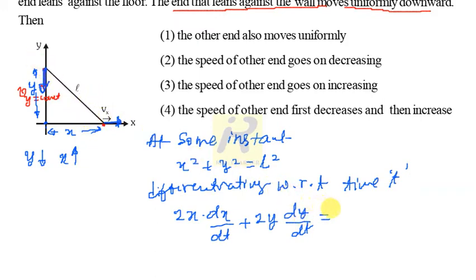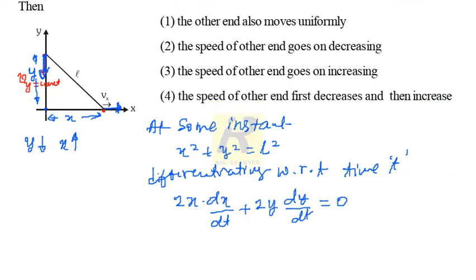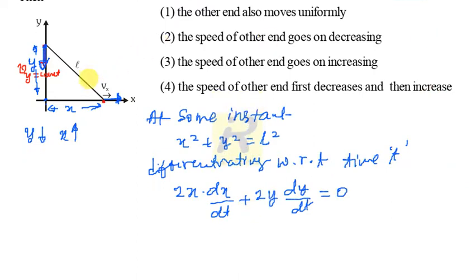This rod is of constant length, so when I differentiate this side, I get 0. I have to find Vx, so my concentration is on this one. This dx by dt is Vx.